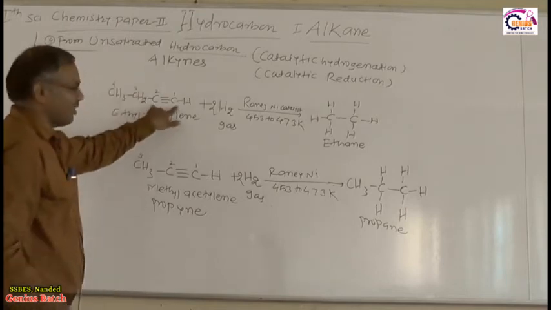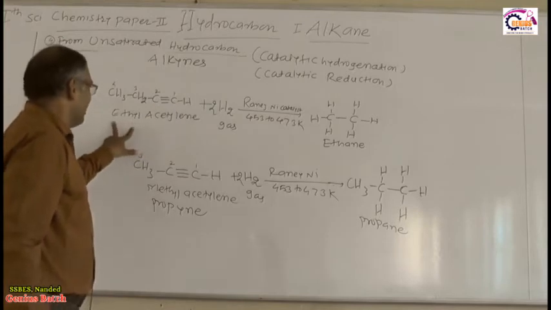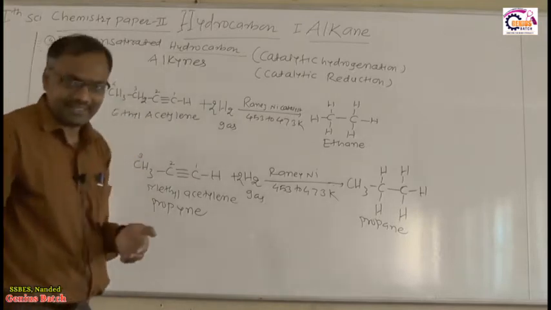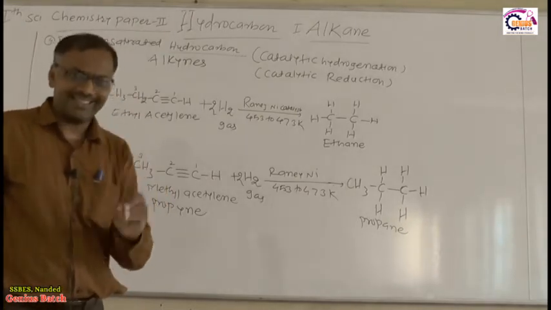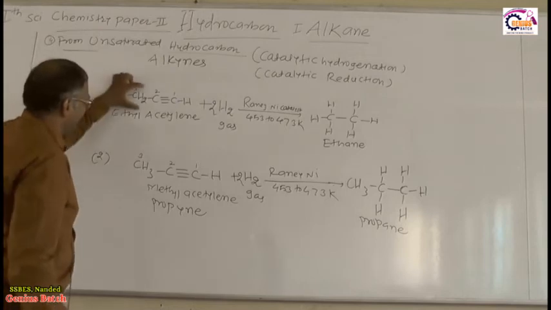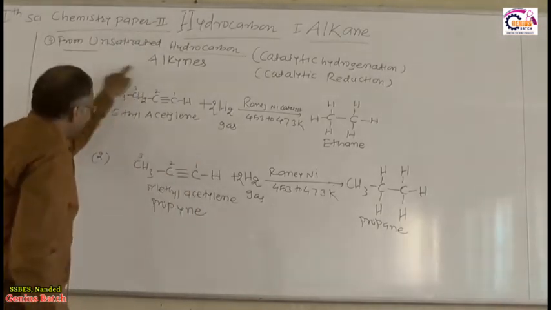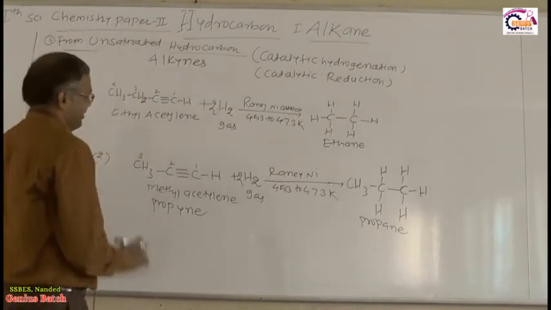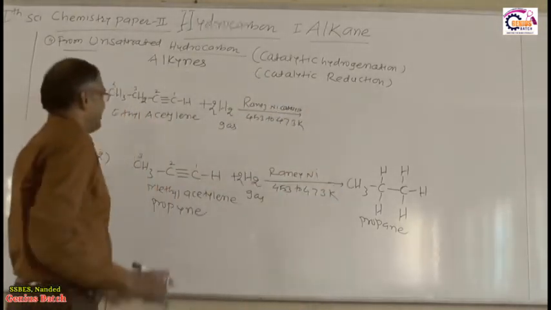Then carbon triple bond carbon is commonly called acetylene. What is the common name rule? For acetylene, first write the name of the alkyl group and then put the word acetylene. The name of the alkyl group is ethyl, so you have to write ethyl acetylene. This is the common name, ethyl acetylene.